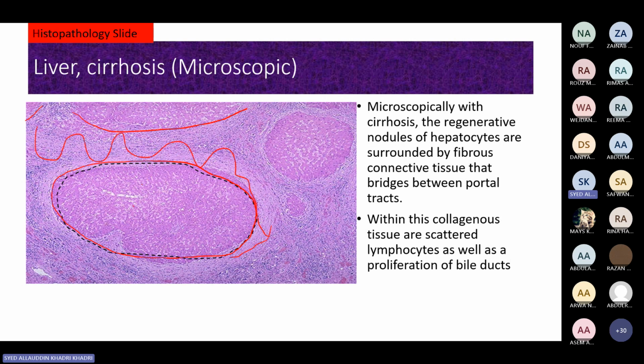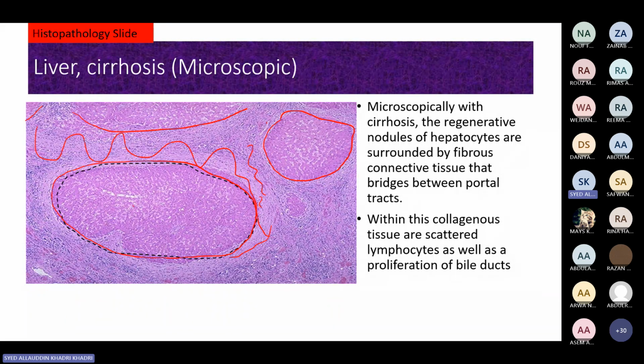Microscopically, this whole area, even this one, are the regenerative nodules of hepatocytes surrounded by all this fibrous tract, or fibrous connective tissue made up of collagen, where the stellate cells help to make bridges between the portal tracts. Now, all this architecture is totally distorted with the collagenous tissue scattered in between.